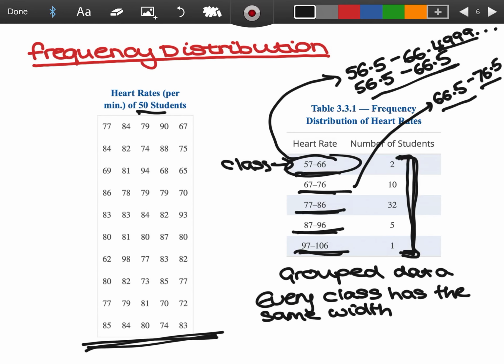So how many times did we get a heart rate of between 57 and 66? How many times did we get a heart rate of between 87 and 96? And you just have to go through your data here and count up how many times you see a number that falls within that particular range. Okay, so that's normally the questions that you get.